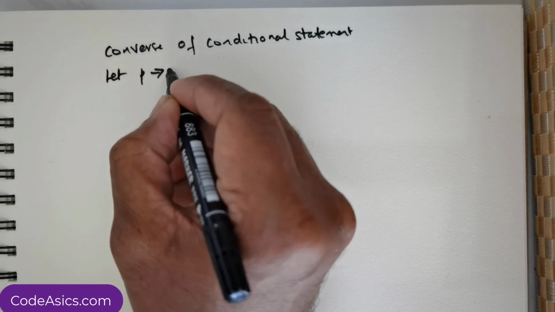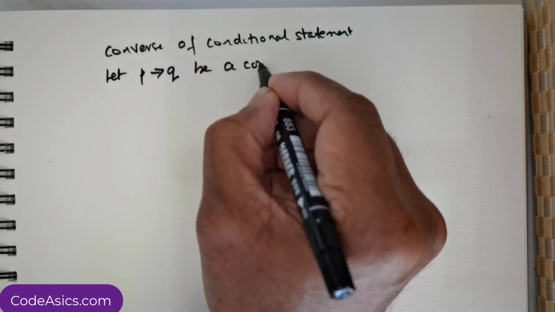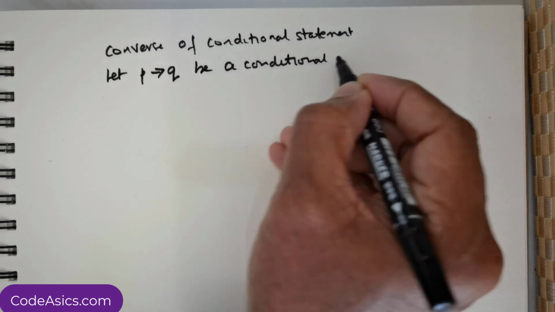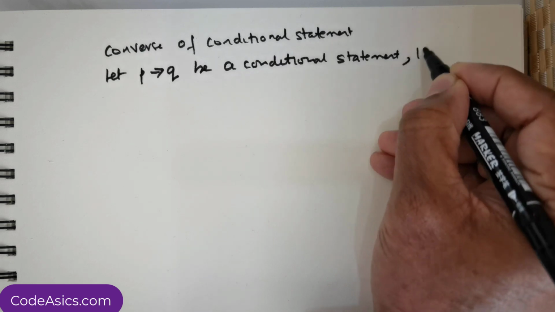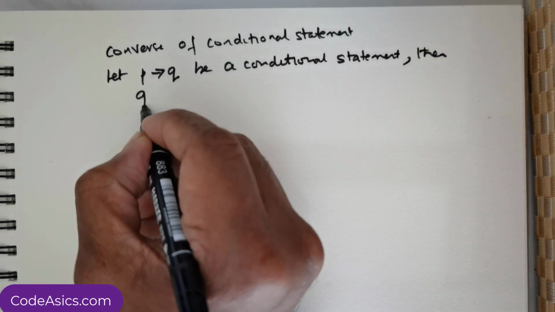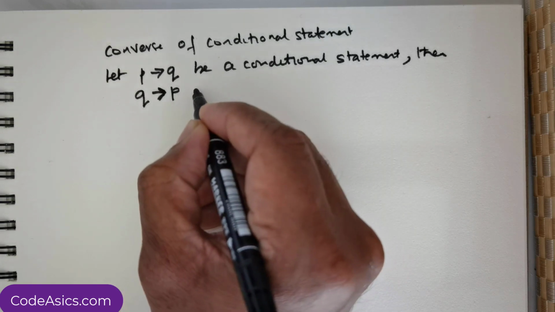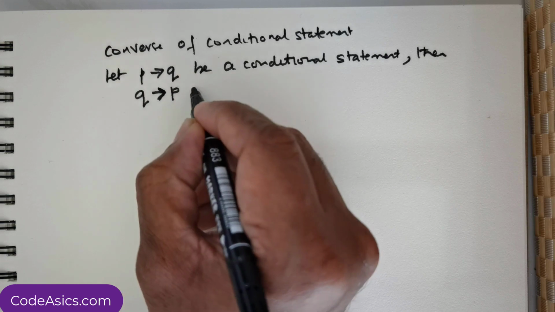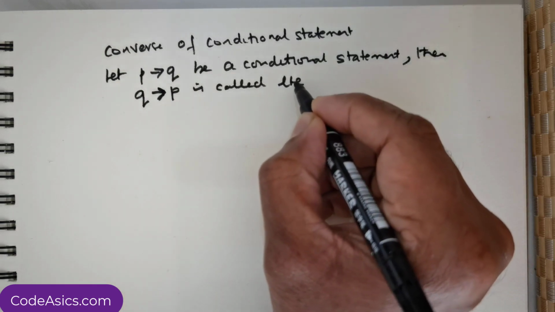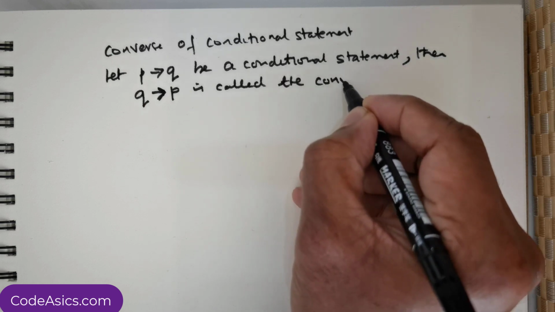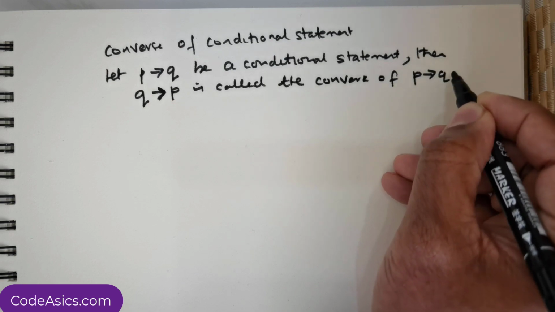Let P conditional Q be a conditional statement. Then if they are asking you to obtain Q conditional P, then Q conditional P is called the converse of P conditional Q.